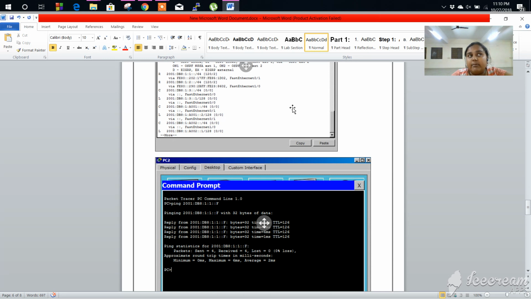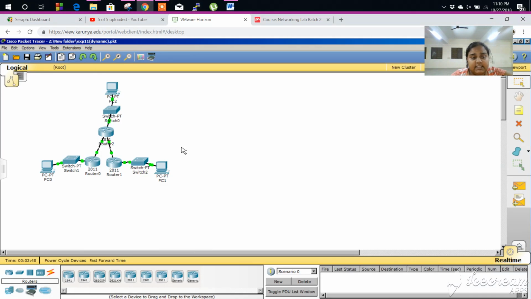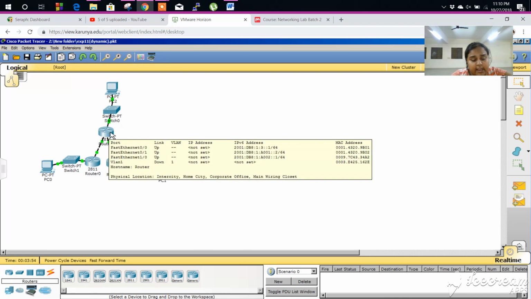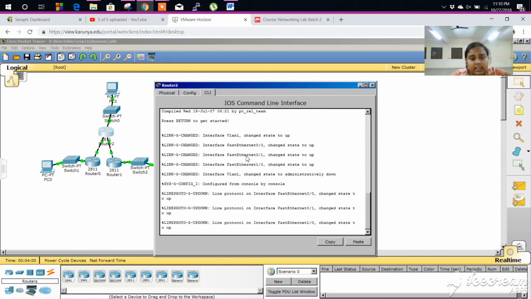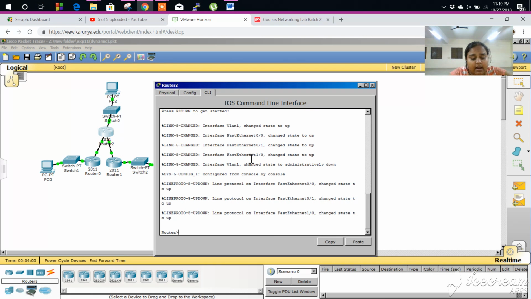So first of all, I am going to configure IPv6 dynamically, so we can look at it. This is the topology we are going to follow, and I am going to show you the table, for which I am going to the CLI, and I give the command first as enable.